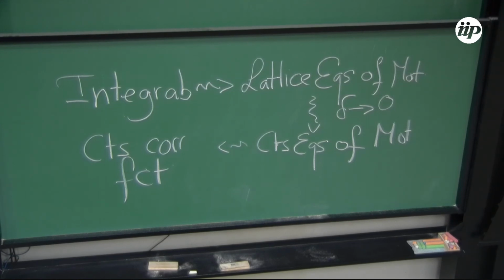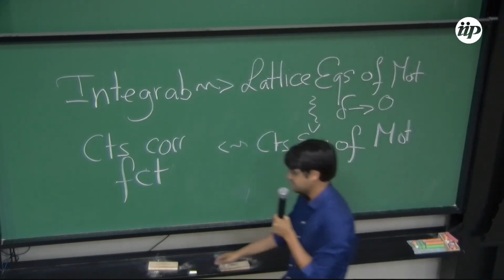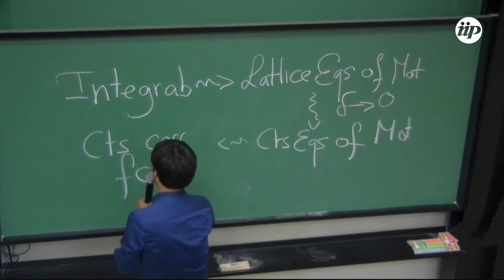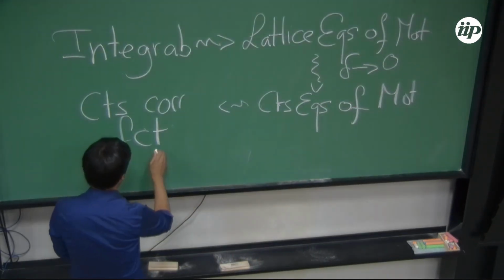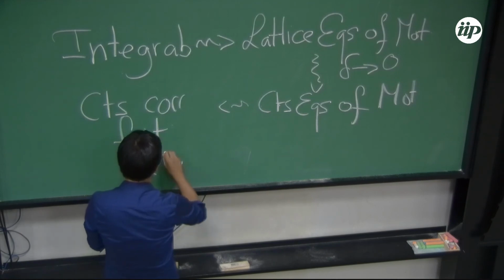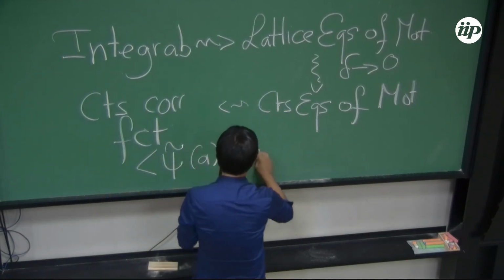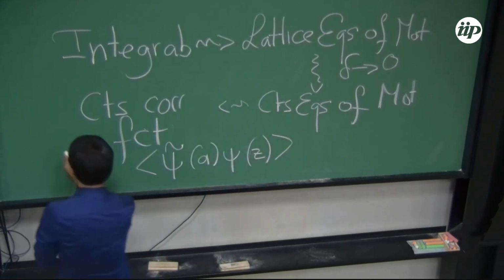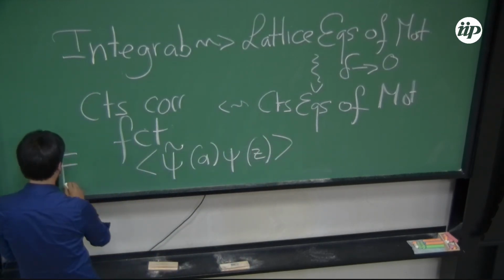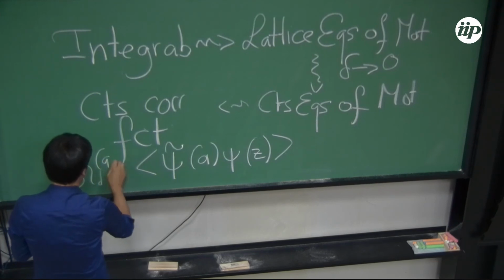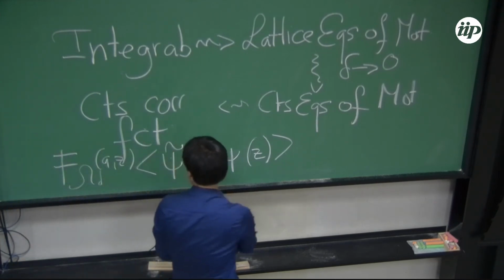In the language of physicists, it's a fairly simple object that can be described. I could just write this: psi tilde A psi of z. This is my function, if you know what lattice fermions are. And what is psi tilde?